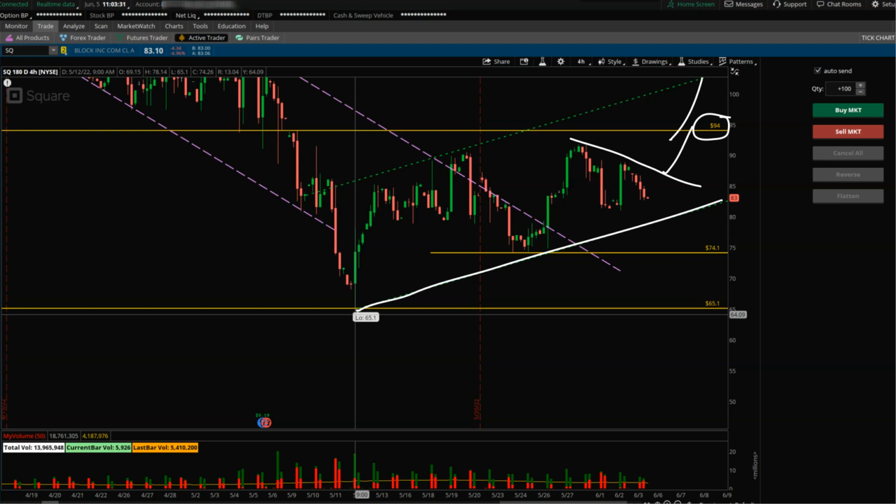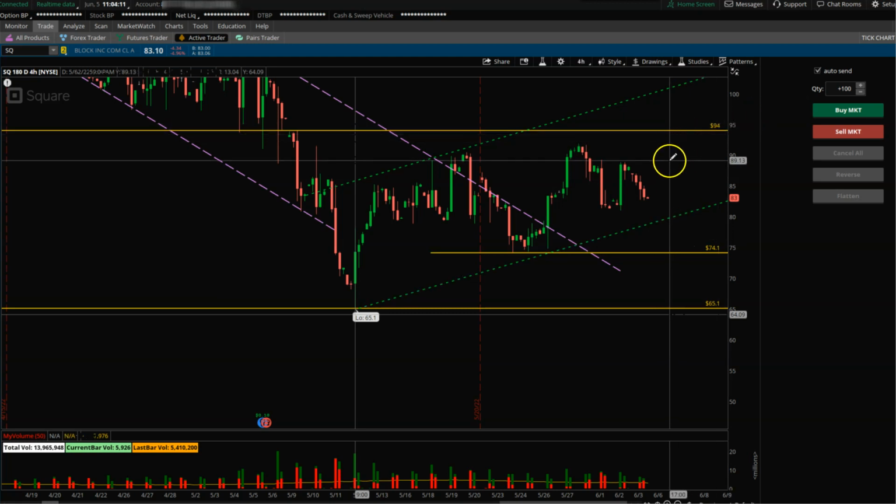But if it breaks down this mini uptrend line and gets back under 80, then 74 is sort of the line of defense for bulls. And if it breaks down further, then that is just a continuation of the bearish move that was going on. But if it does not and it holds, market supports, breaks this intraday downtrend line, we can easily see a good tradable move in this name.